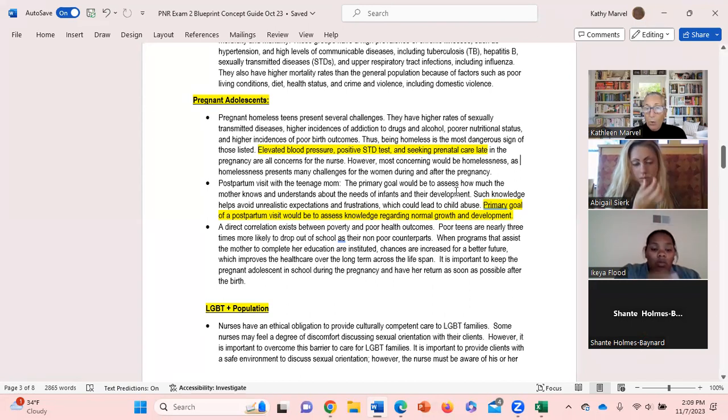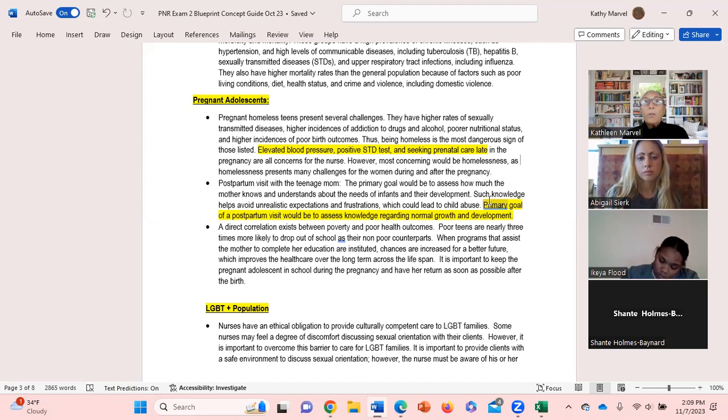So the primary goal will be to assess how much the mother knows and understands about the needs of the baby and their development. Right? Primary goal of a postpartum visit would be to assess the knowledge regarding normal growth and development. Okay? So let's formulate a question.